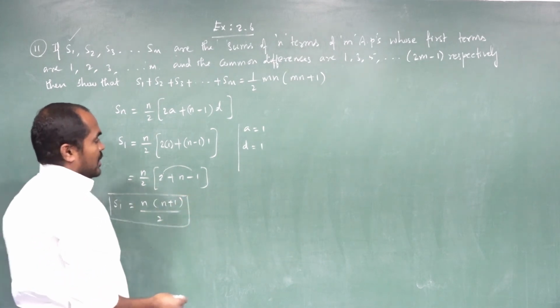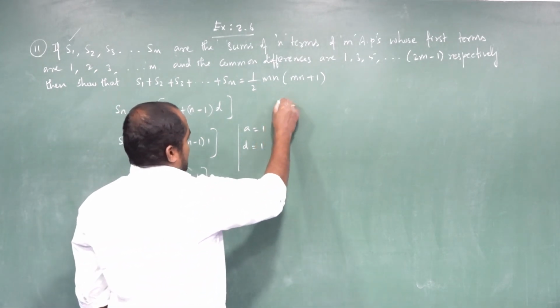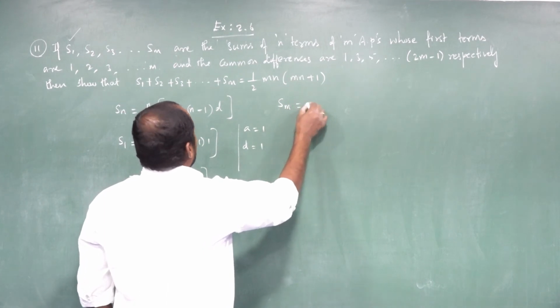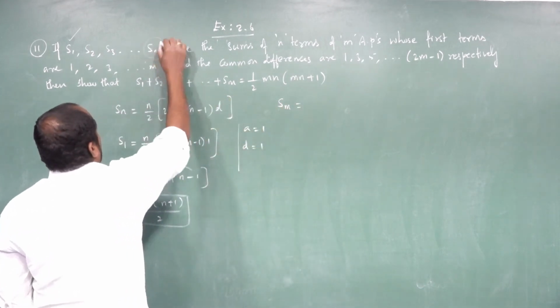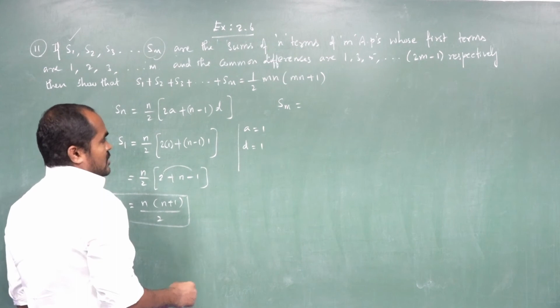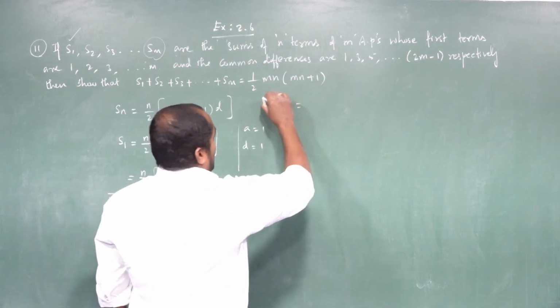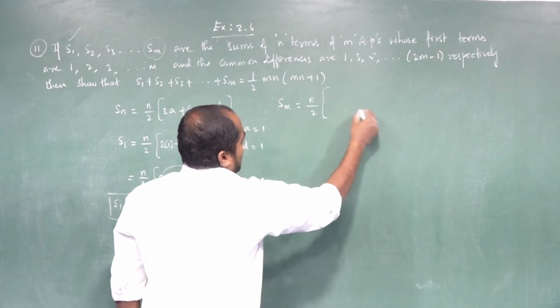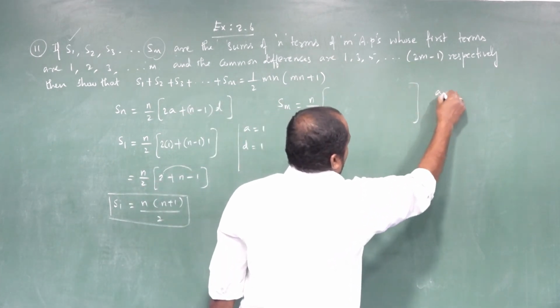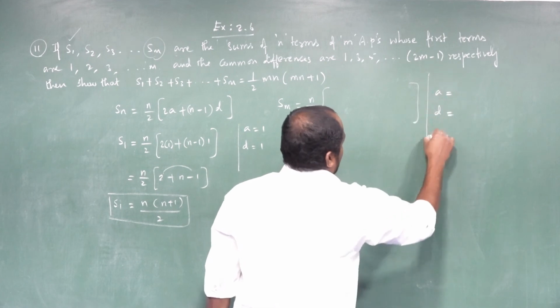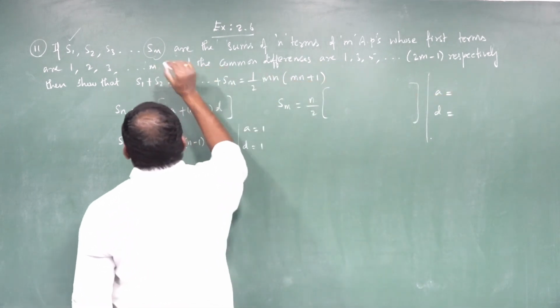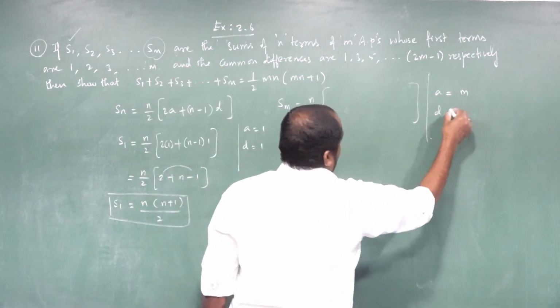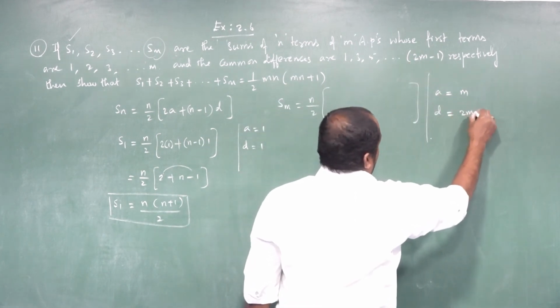Next, to find Sm, that means the last series. So Sm is equal to, here also the number of terms is n, so n by 2 of, here the a value and d value: first term is m and the common difference is 2m minus 1.